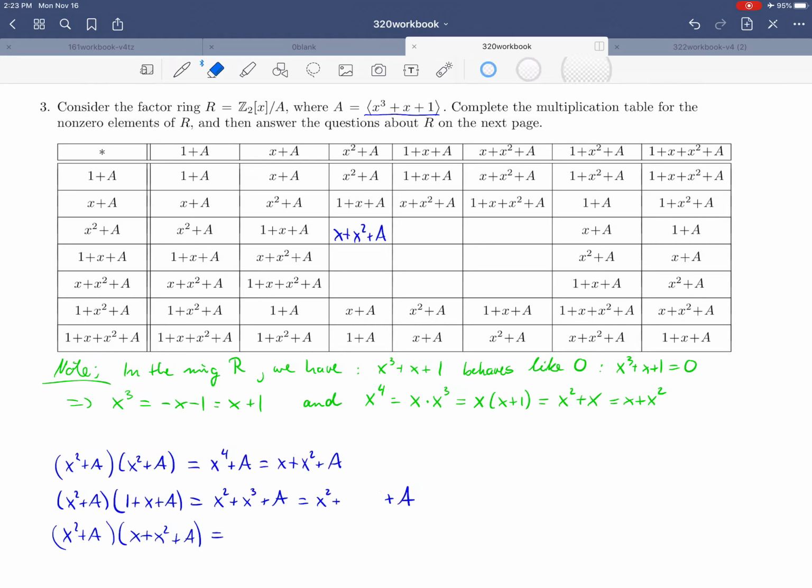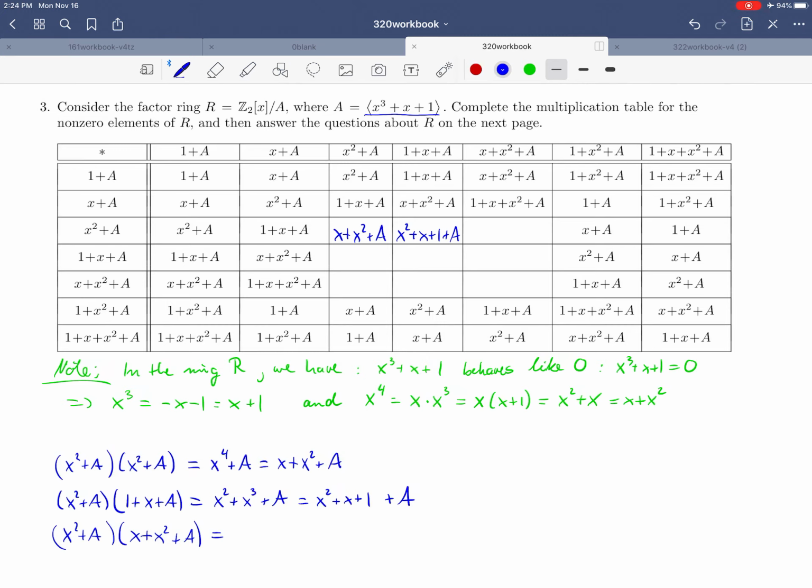I replaced the wrong thing. x cubed is x plus 1. There we are. So we get x squared plus x plus 1 plus a as our next entry. Quite a bit going on there. Okay, let's do one more.